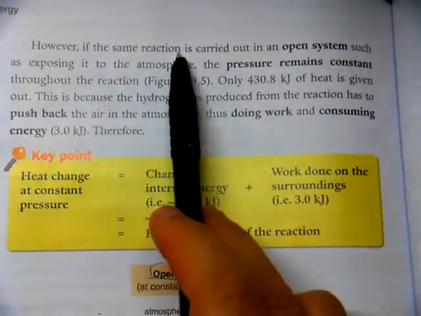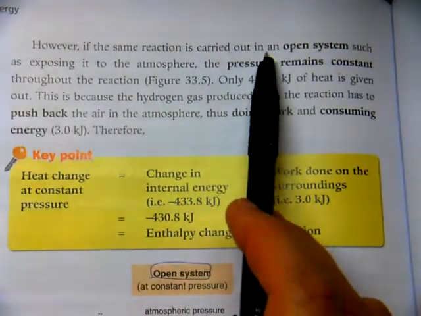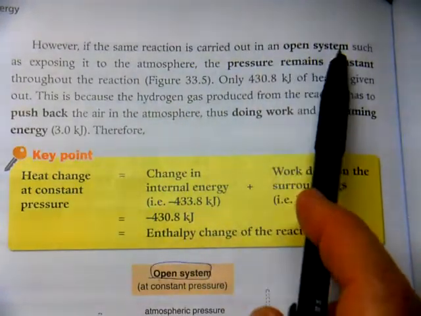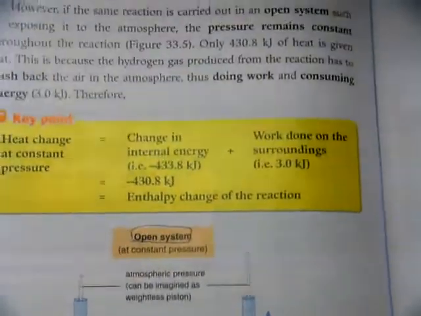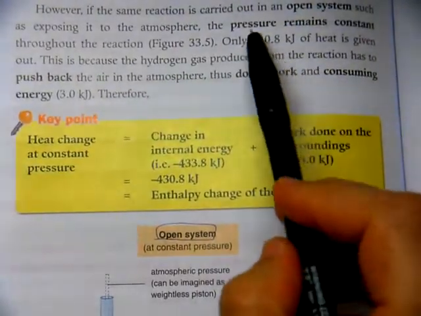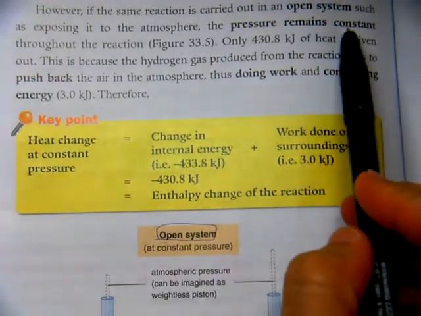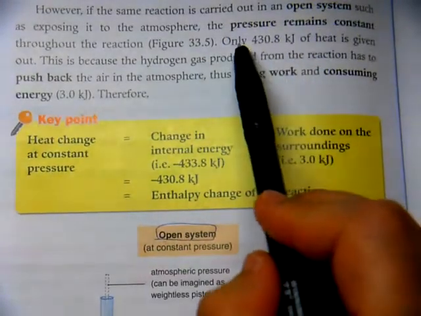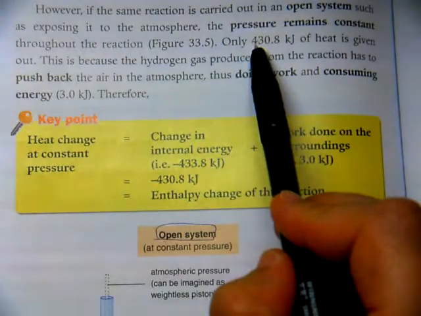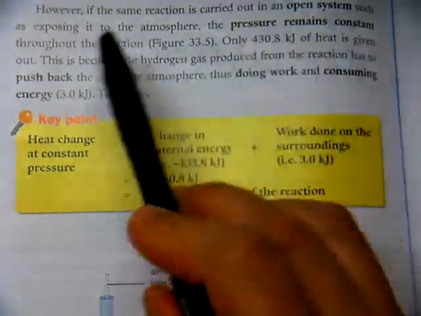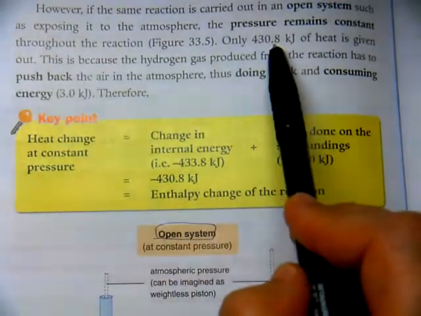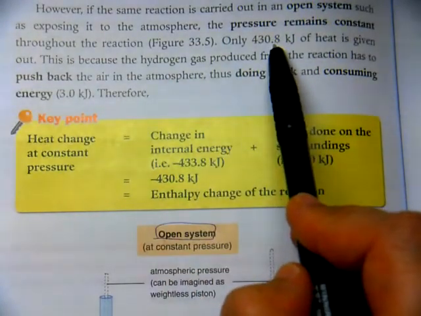However, if the same reaction is carried out in an open system, that means without a stopper, the pressure remains constant. Only 430.8 kilojoules of heat is given out. That means less heat is given out. Why?